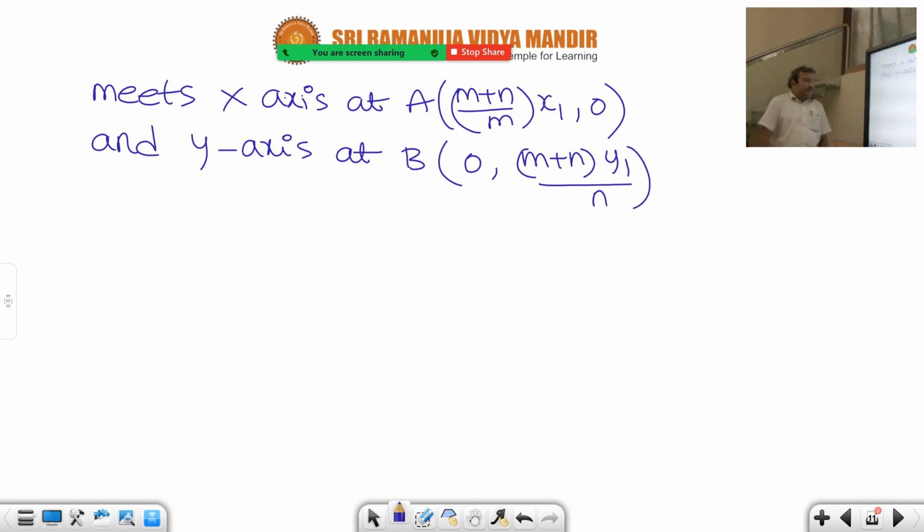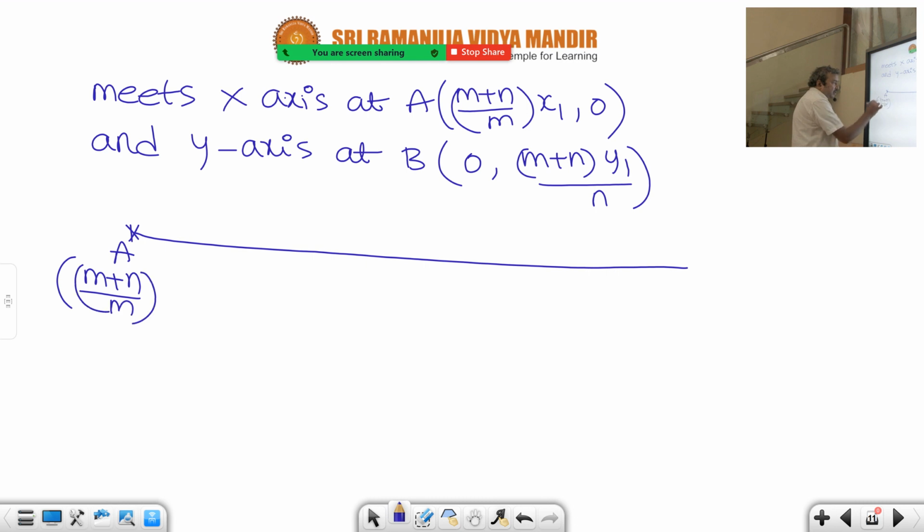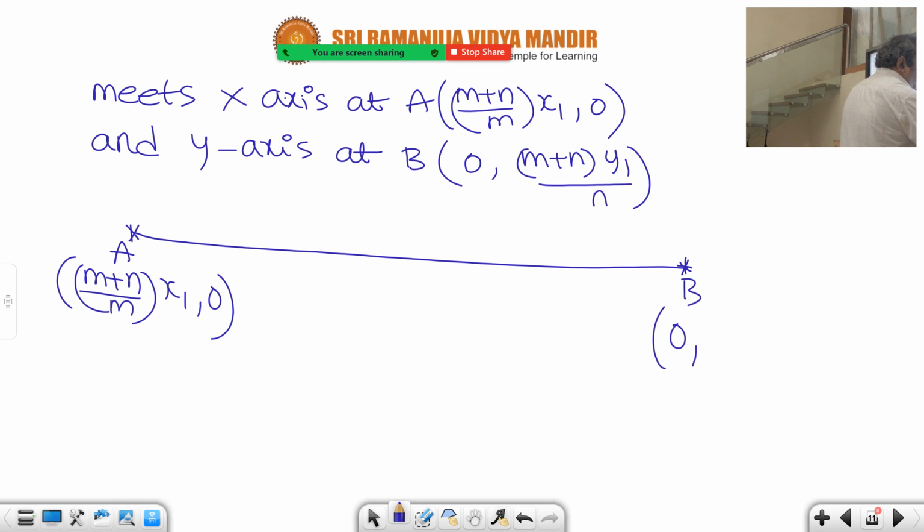Now take a straight line like this, right? So this is point A, m plus n by m, correct, into x1 comma 0. This is point A and here it is point B, with B value 0 comma m plus n by n into y1.